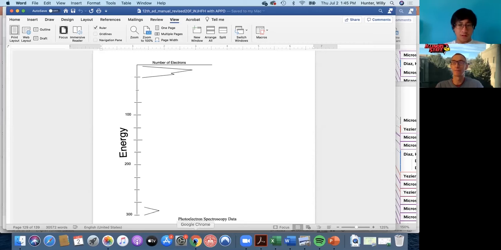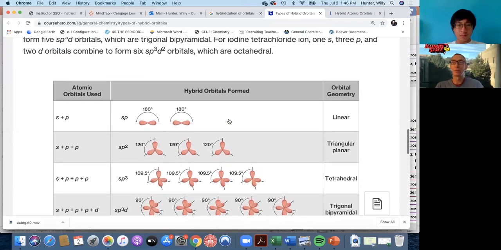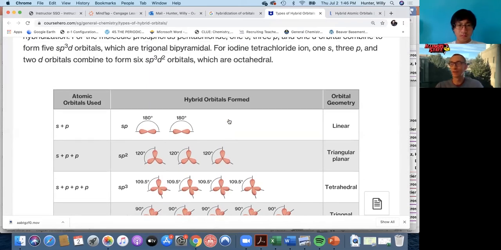Okay? All right. So if we can begin to accept that, then we look at some other molecules like boron trihydride, and it has 3 hydrogens surrounding a boron.